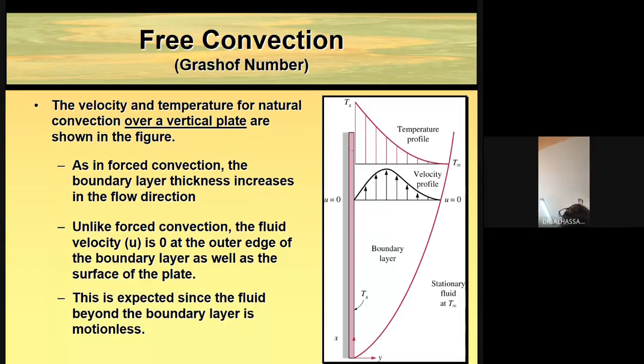We have a vertical flat plate, a hot surface of course, and we observe that at the exact surface, the fluid velocity is going to be 0.